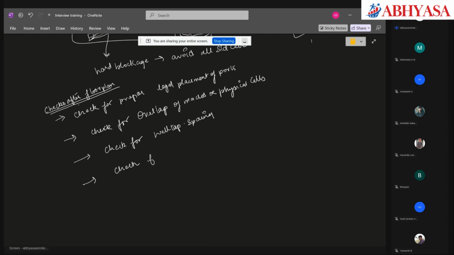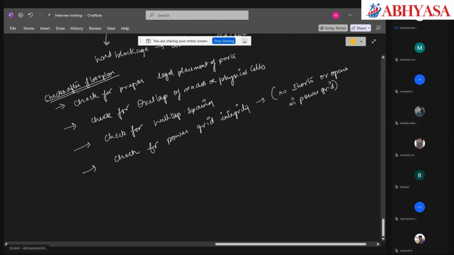Check for power grid integrity, means no shorts or opens in power. Right? These are the checks after floor plan.